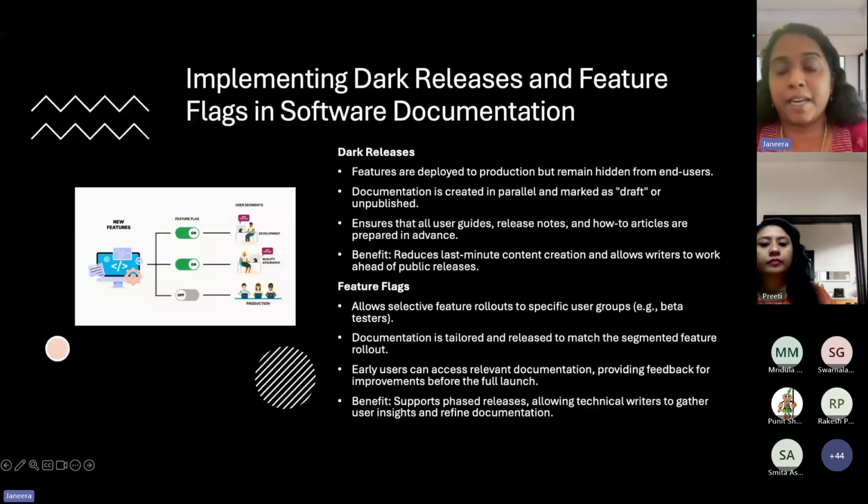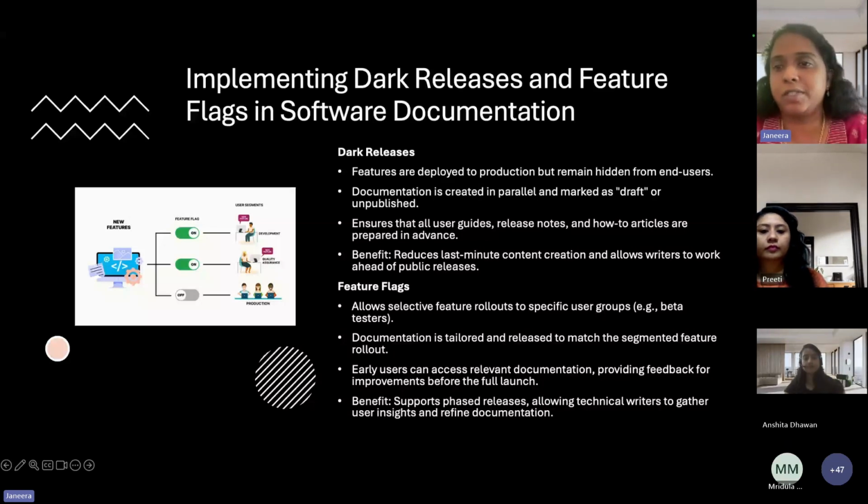Here's how this concept can powerfully tie into documentation. When a dark release happens, the code for the new feature is pushed live, but it remains invisible to users. Meanwhile, technical writers can quietly start documenting the feature, create user guides, how-tos, release notes, but keep them unpublished and mark them as drafts, and prepare everything until it goes live at the right moment.